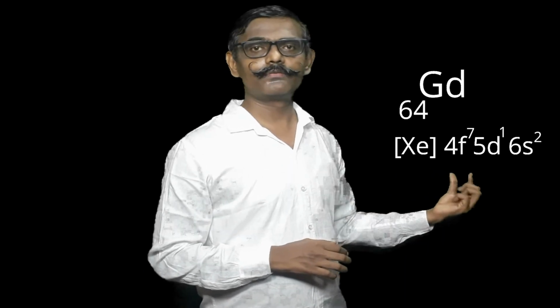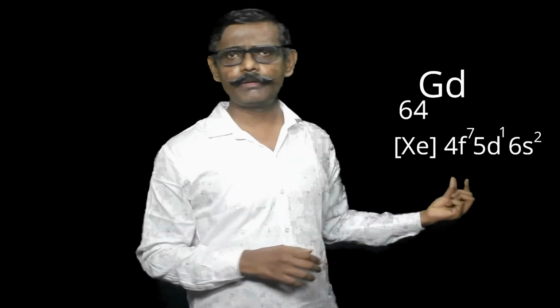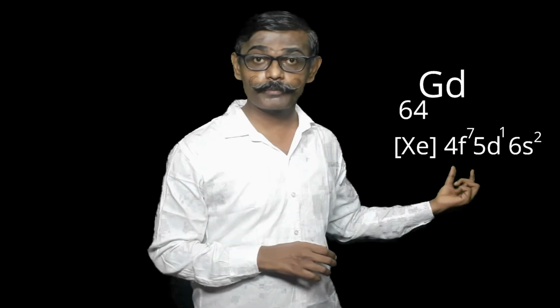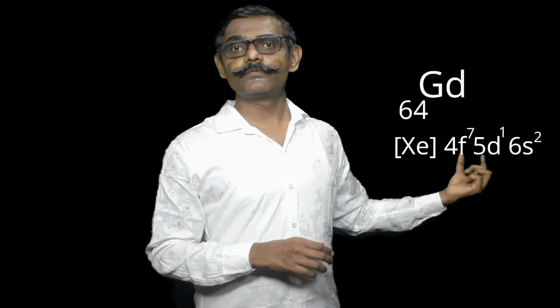After xenon means after 54 electrons, 55th electron 4f orbital, 56 4f orbital, 57, 58, 59, 60, 61 4f orbital.